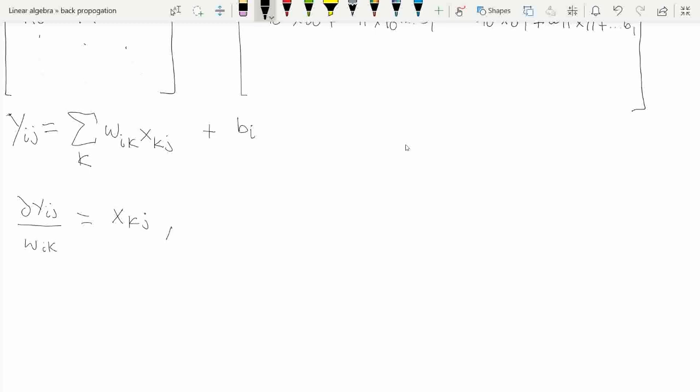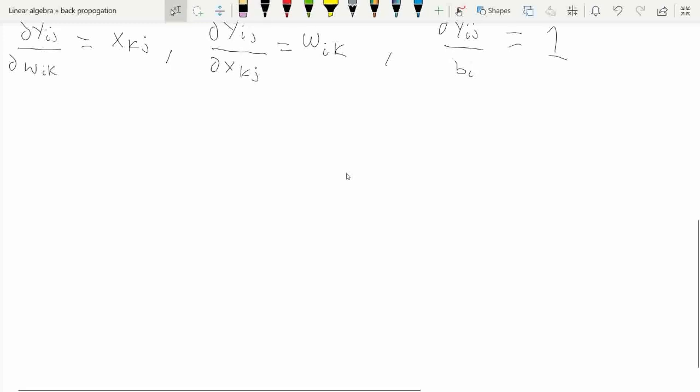We can take the partial derivative of y i j with respect to x k j, and that's just w i k. And then the partial derivative of y i j with respect to b i is just 1.